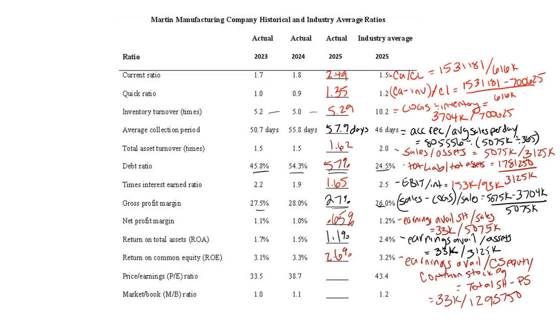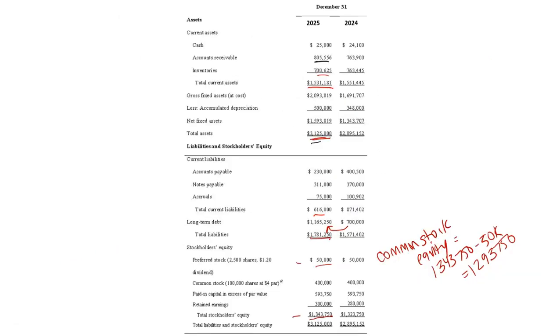Price earnings ratio. This is the market price per share divided by earnings per share. Okay, so market price is actually a footnote on the balance sheet, and it says that the stock price is $11.38 per share.